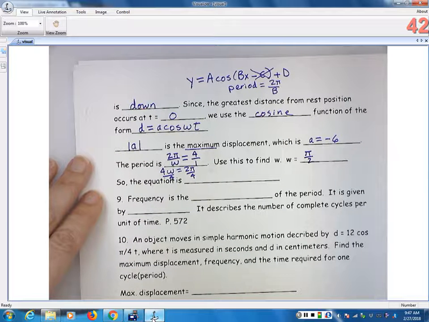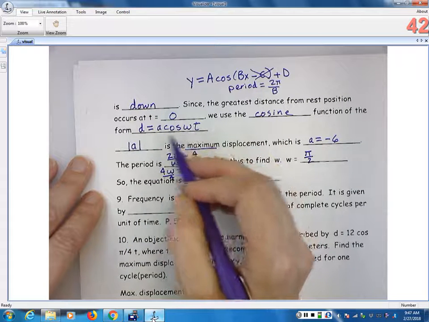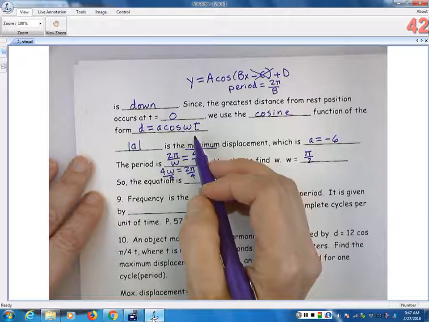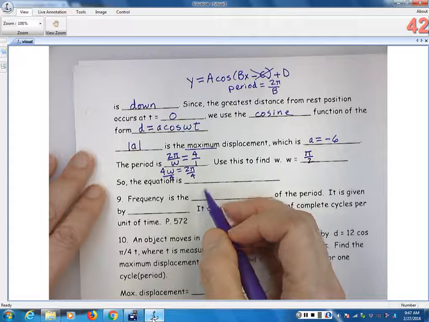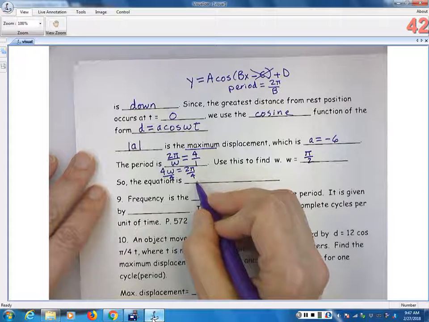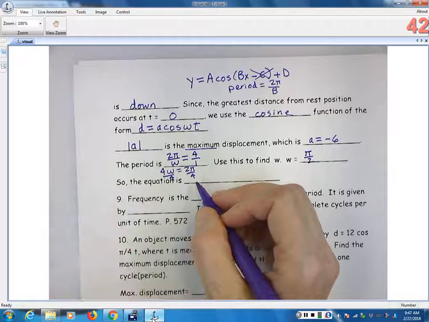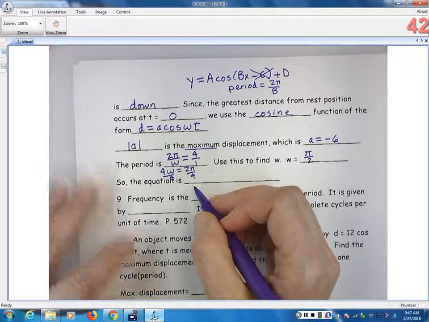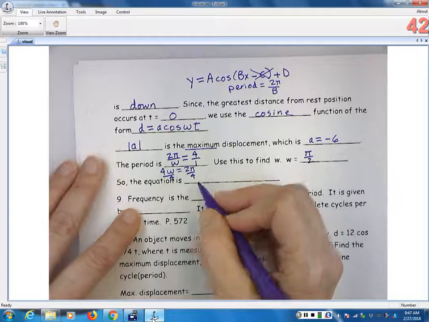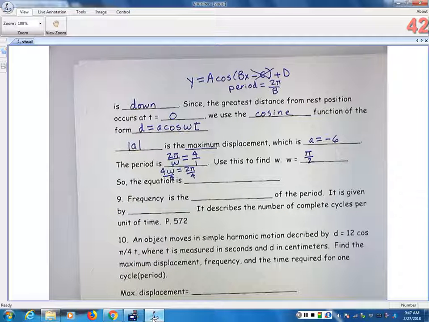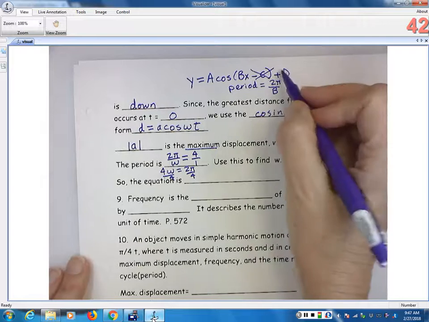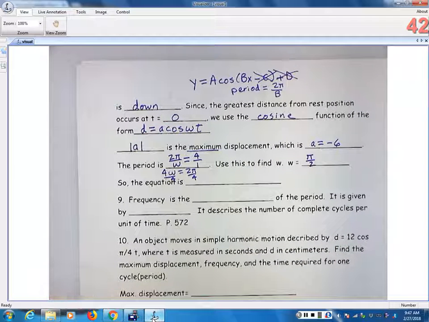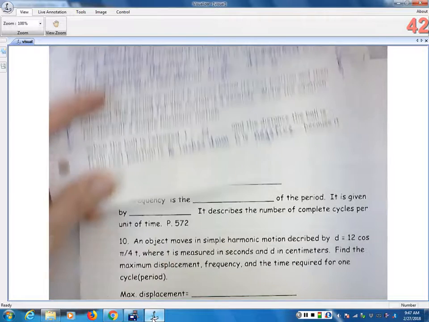So we found omega, we found A, and so our equation is, d is negative. Our equation is d. We're talking about the small d, sorry. We're actually not using that either. This should have been the small d, the distance.